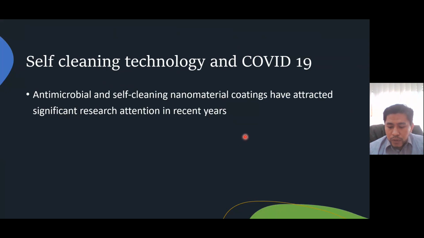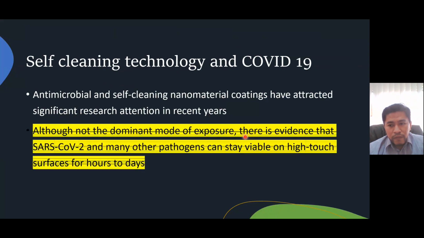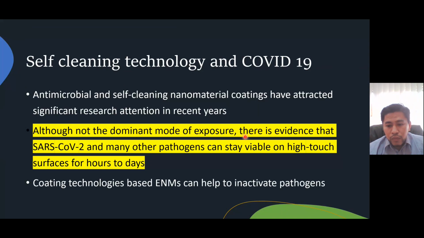Although not the dominant mode of exposure, there is evidence that SARS-CoV-2 and many other pathogens can stay viable on high touch surfaces for hours and even days. And coating technologies based on engineered nanomaterials, ENMs, can help to inactivate the pathogen.